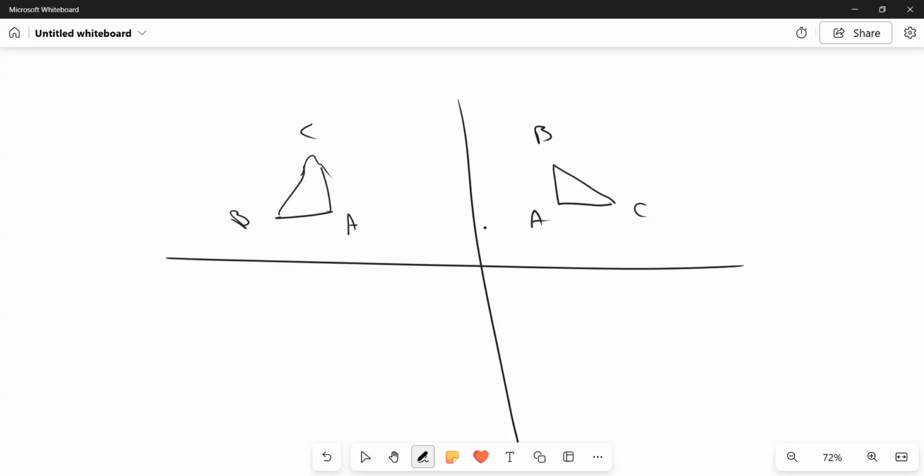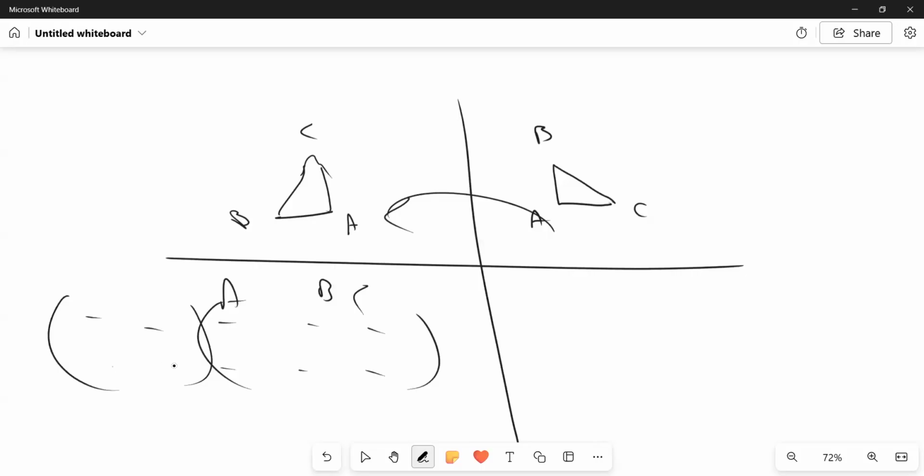So if you did a transformation by multiplying it, you take the A, B, and C numbers here, and you multiply it by some transformation, right? A transformation represented by a matrix. Let's call this a rotation matrix, R.